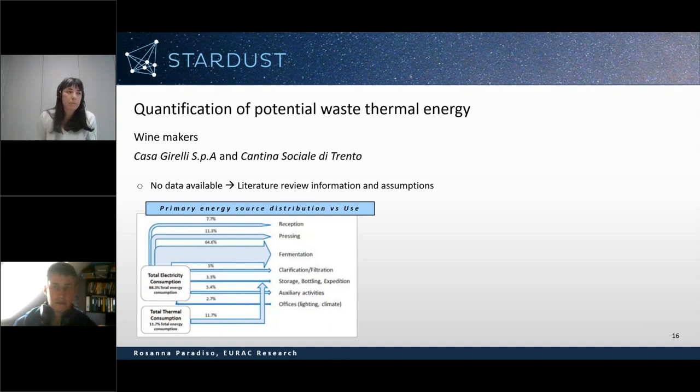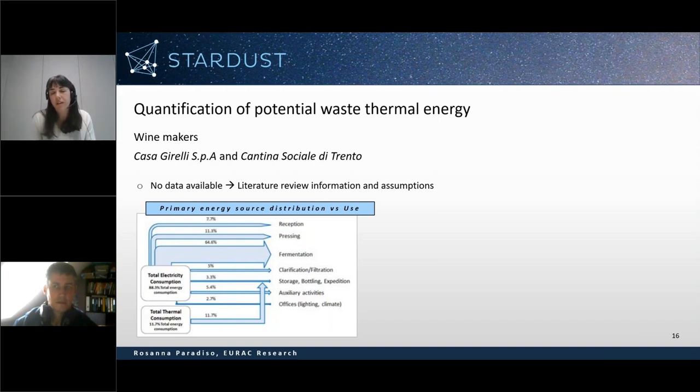So from the best available techniques reference documents, and from other documents, we detected that almost 90% of the energy consumption in a winemaker site is electricity consumption, and 50 to 70% is due to the fermentation process, because during this process the grape needs to be cooled down through cooled water.